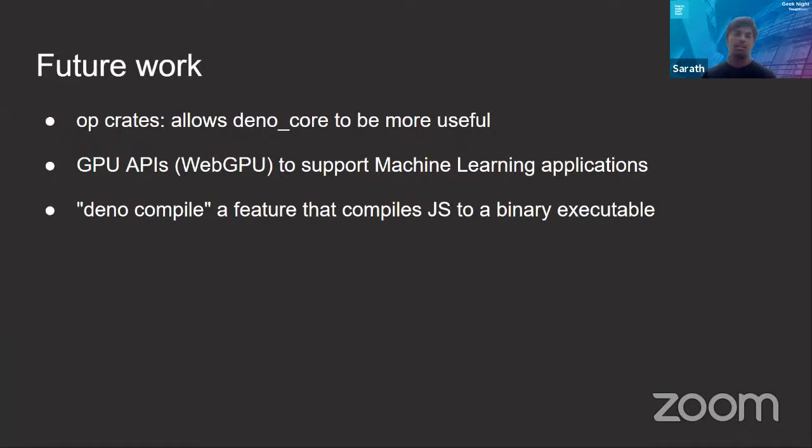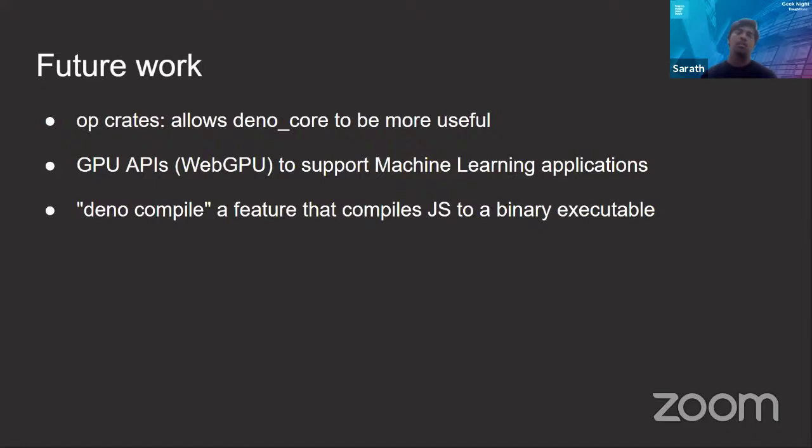He said Deno is going to create ops crates, which means you can use a small portion of Deno core code and embed it into a different programming language like Rust and Python and any other languages. You can use a certain part of JavaScript code in any other server-level languages, which is very great. And using GPU APIs, WebGPU, to support machine learning applications.